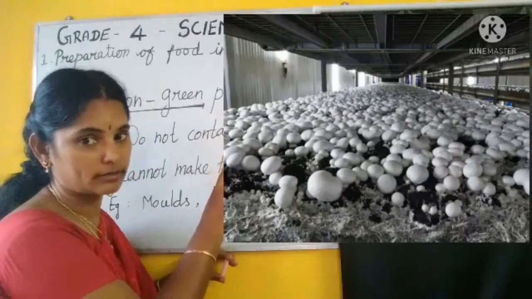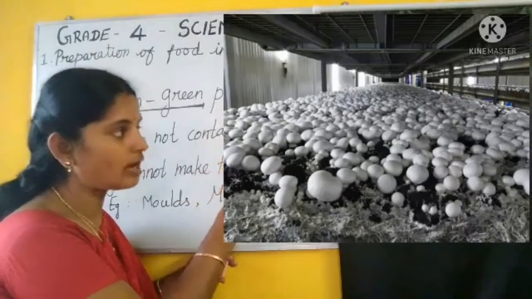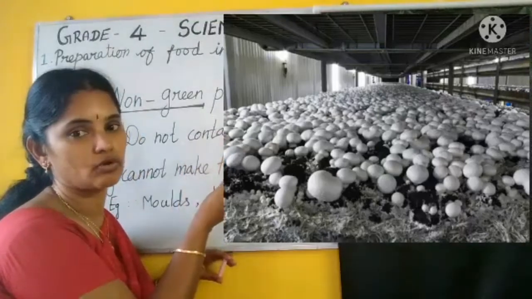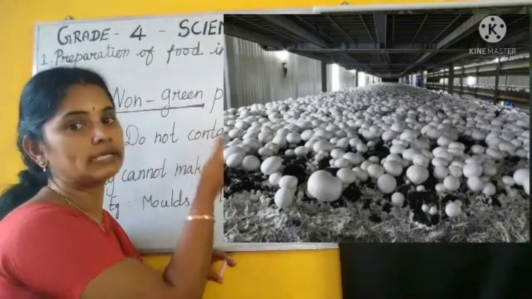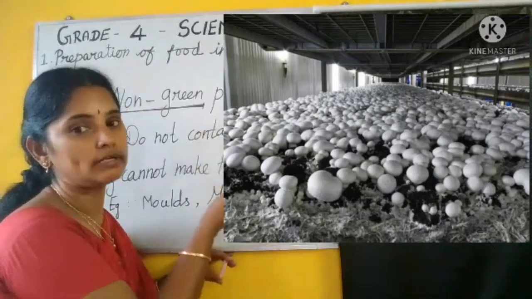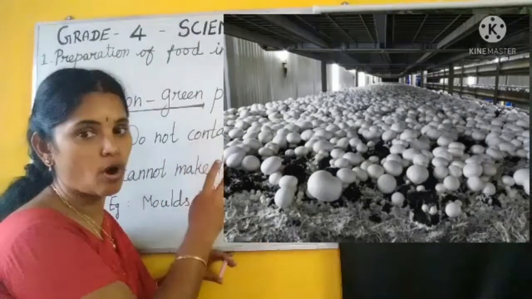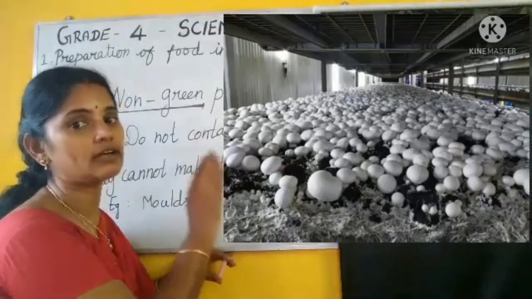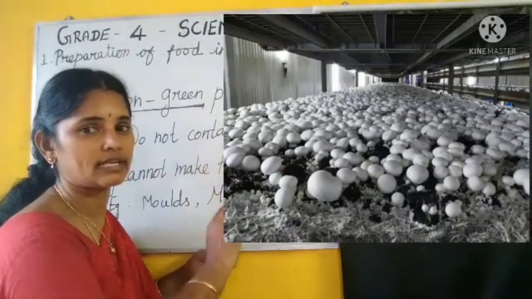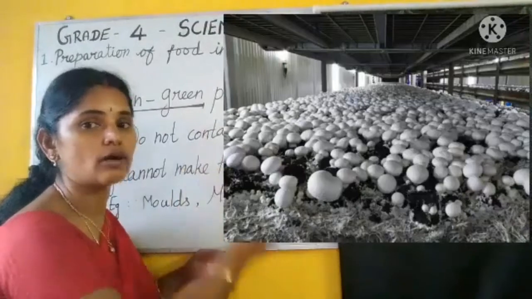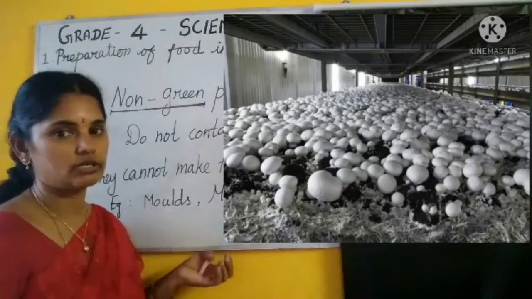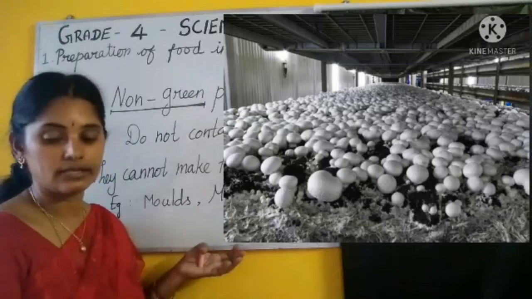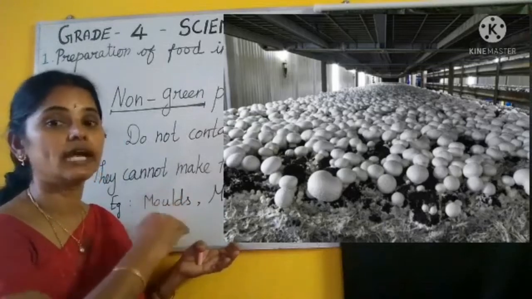And the organic matter அதை soften பண்ணி அதுல இருந்து அந்த mushroom வளரும். Okay, so they are non-green plants. They grow on dead and decaying organic matter. Decaying na அழுகிட்டு இருக்கிற organic matter அந்த ஏரியால நிறைய வளரும். Are you clear, children? So now we'll see about energy flow.